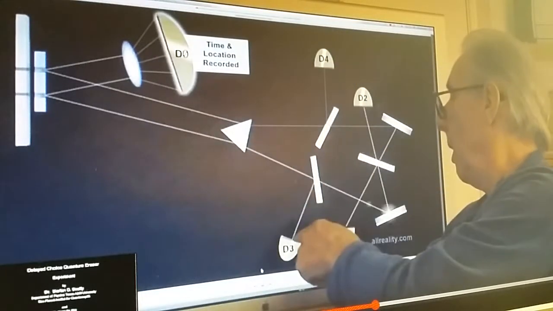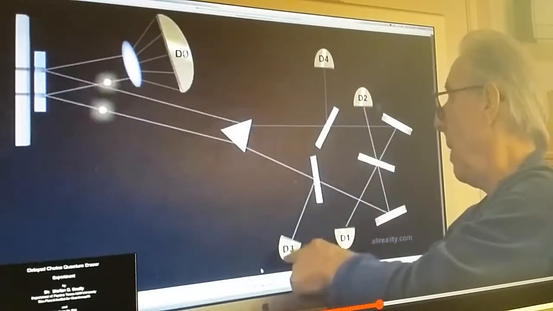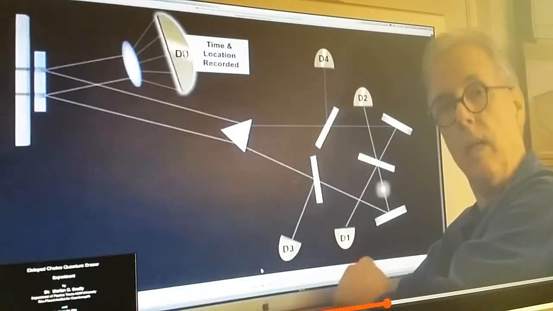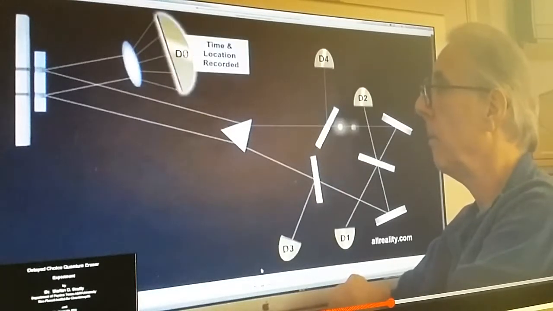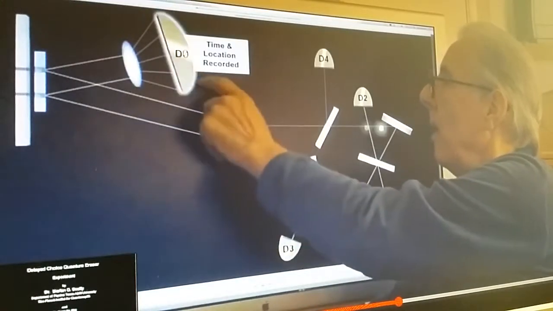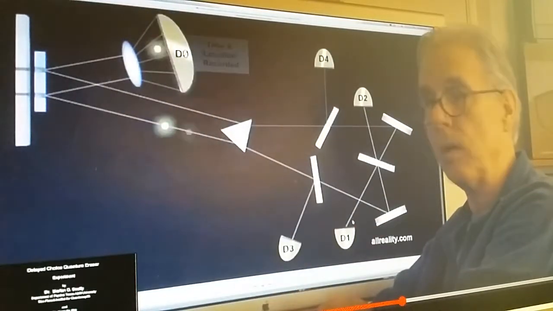Now when it gets to any of these detectors, the time at which it hits a detector is recorded. And the time at which the entangled pair hits the screen is also recorded.